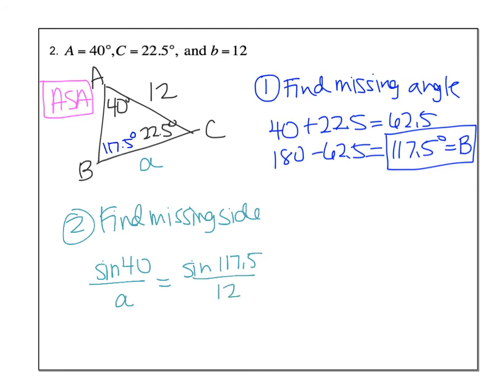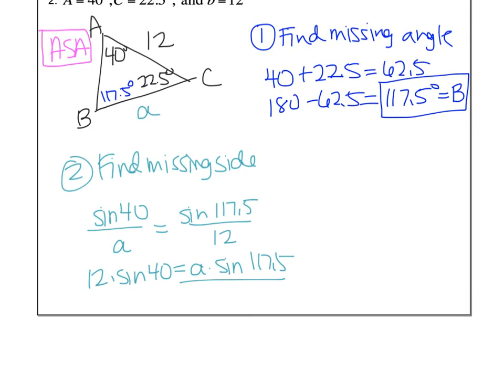And then again, it's just a proportion. Cross multiply. 12 times the sine of 40 is equal to a times the sine of 117.5. Get a by itself, so I'm going to divide by sine 117.5. Type that in your calculator. And this is your answer. It should be 8.7.